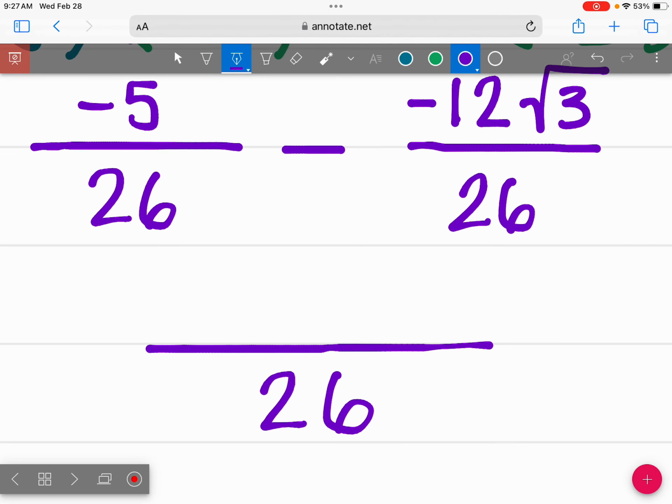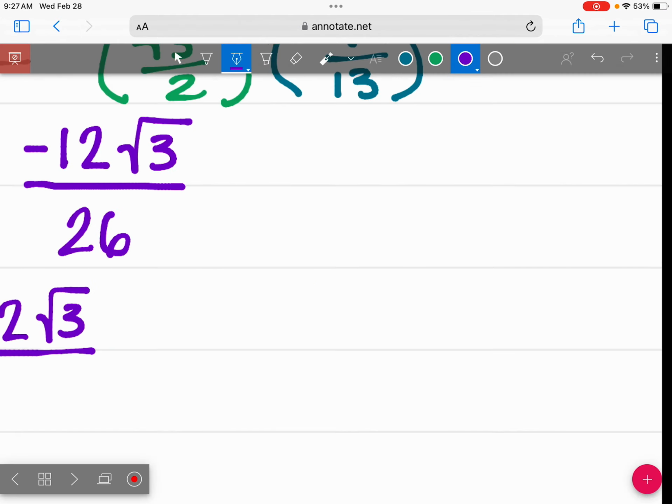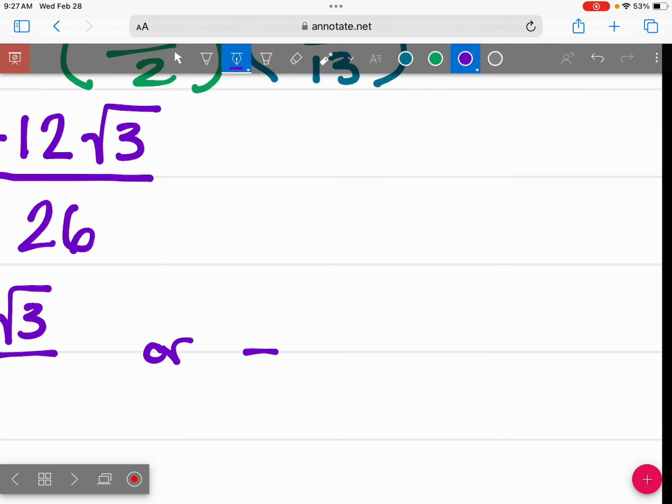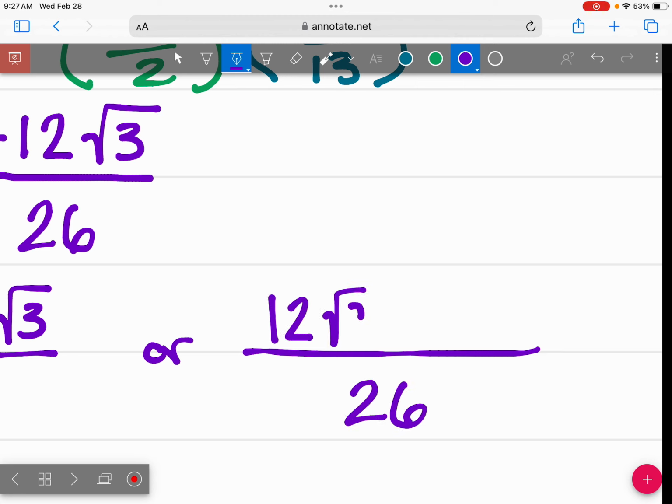So you can either do it as negative 5 plus 12 square root of 3, or you can do 12 square root of 3 minus 5. I don't care.